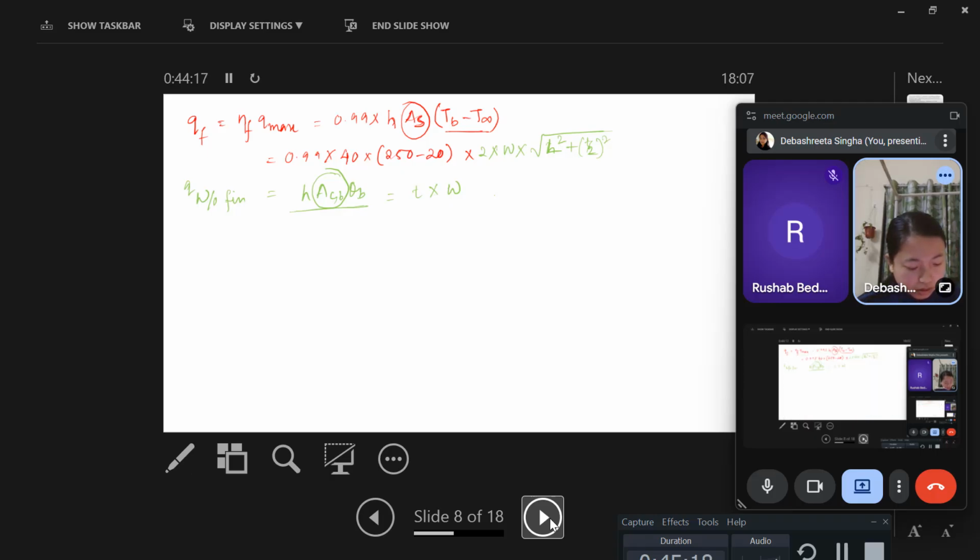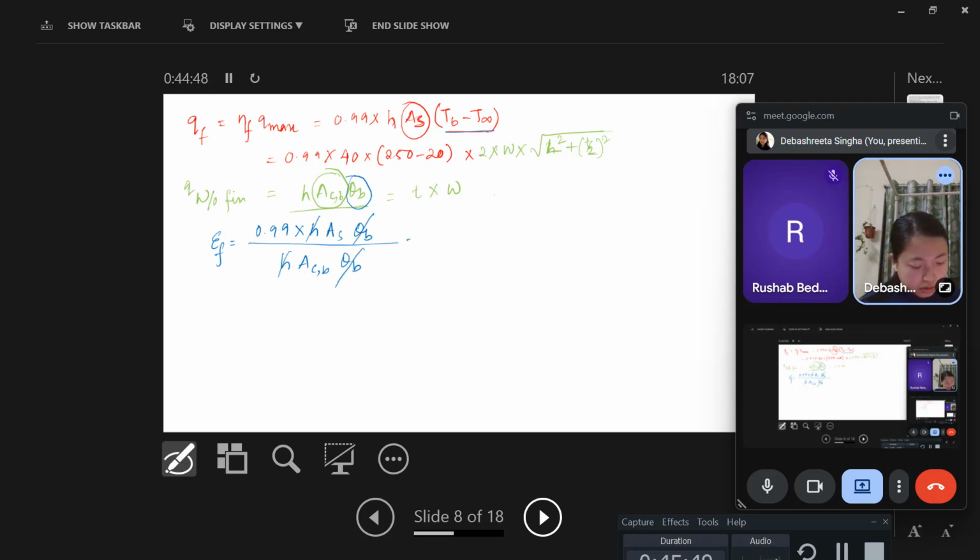So what do you get? Effectiveness is equal to 0.99 into h. Instead of Tb minus T infinity, you can directly write theta B, because below also there is theta B. You can directly cancel h Ac,b into theta B. So just cancel this out.